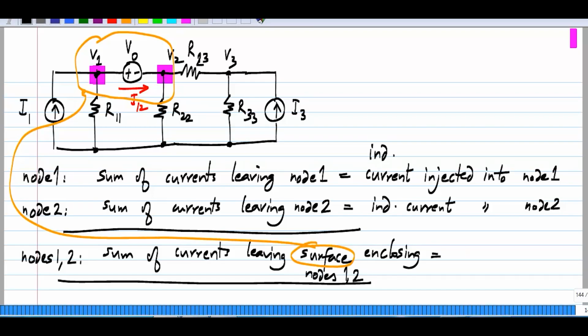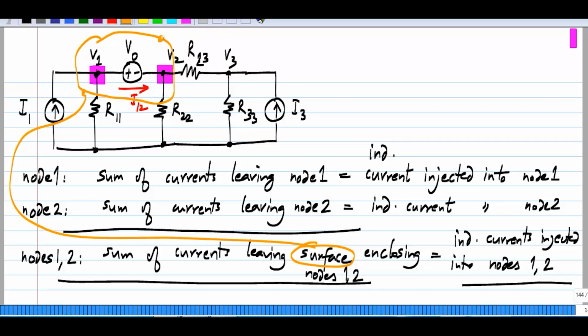And what will we have on the right hand side? We will have the total of independent currents injected into nodes 1 and 2. So that's all there is to it. Instead of looking at a single node, you look at the surface enclosing the two nodes.